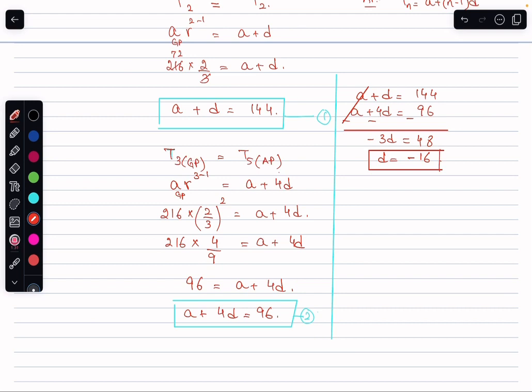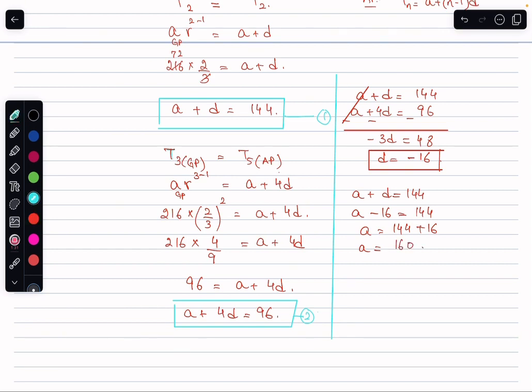Therefore, from the equation A plus D equals 144, I can say A minus 16 equals 144, or the first term for the arithmetic progression shall be equal to 144 plus 16. So 144 plus 16 shall give me the answer as 160.